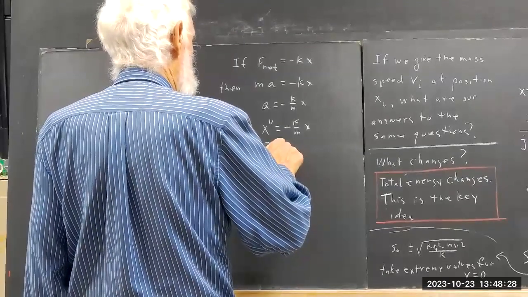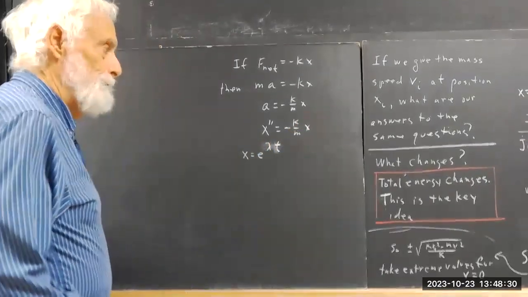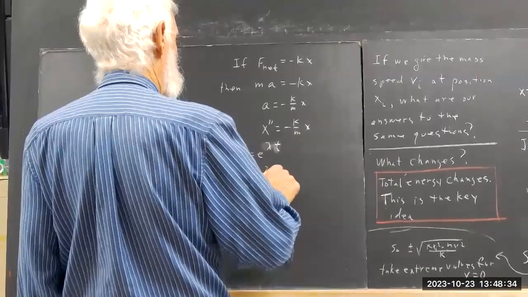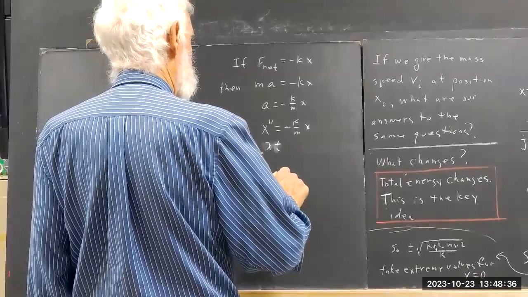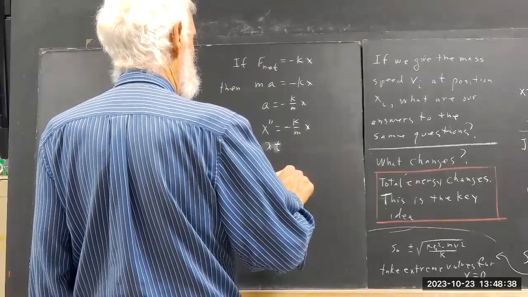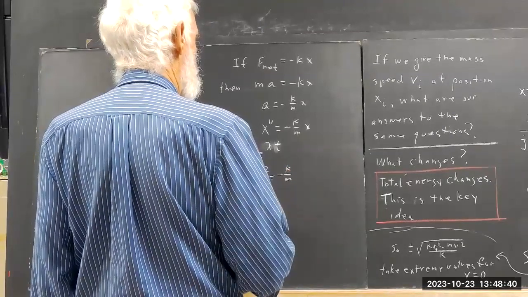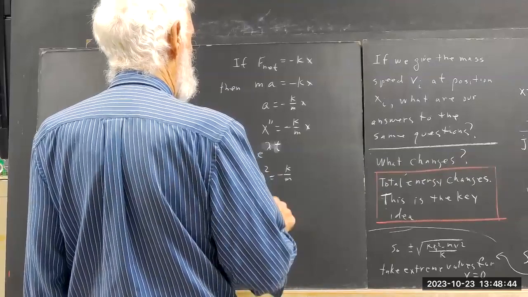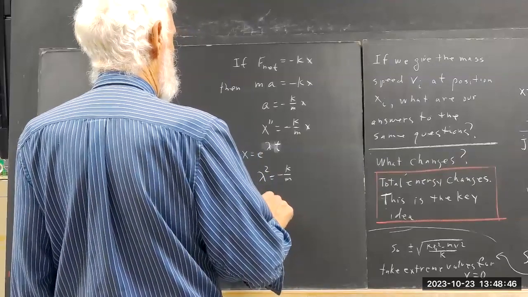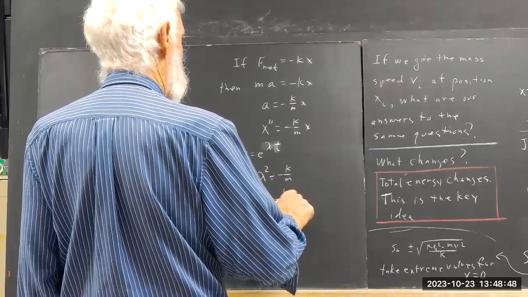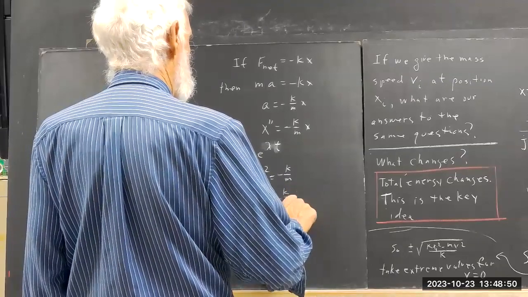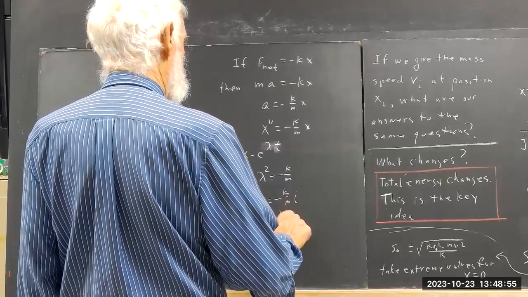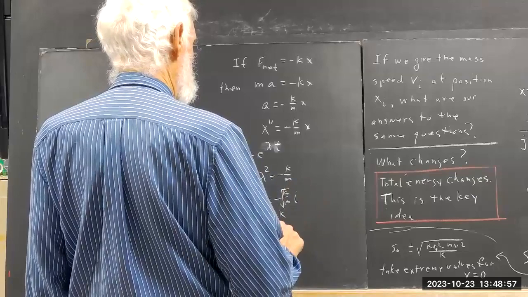Then what you get is lambda squared equals negative k over m, and this is the square root of k over m.